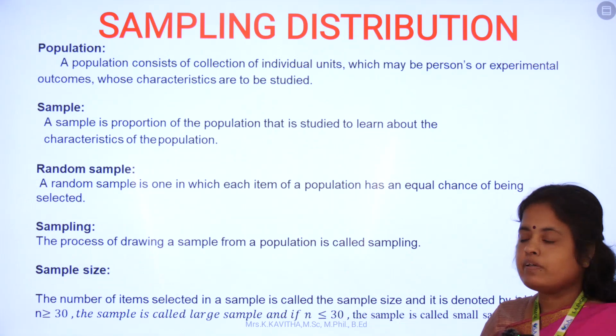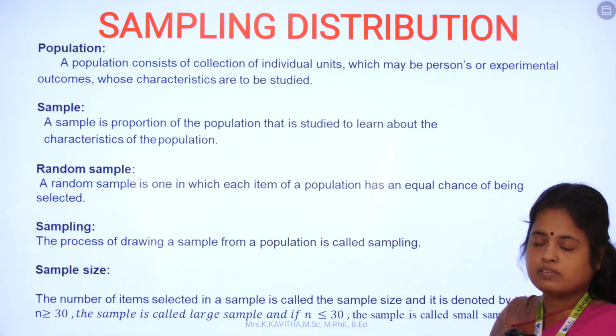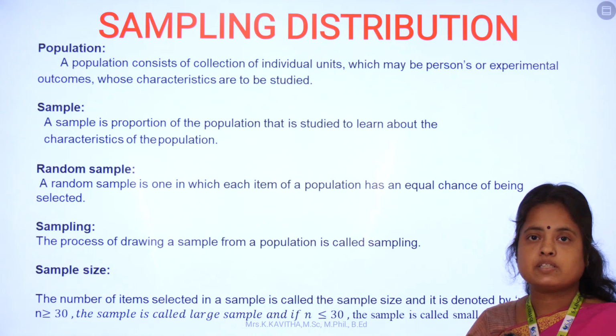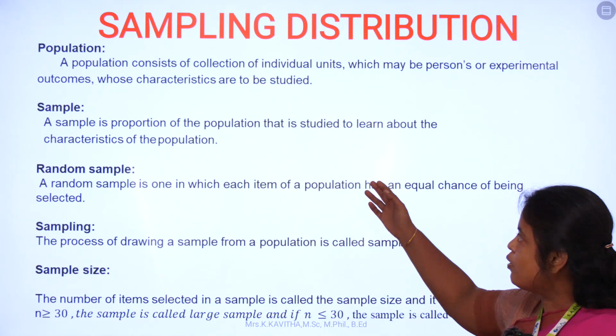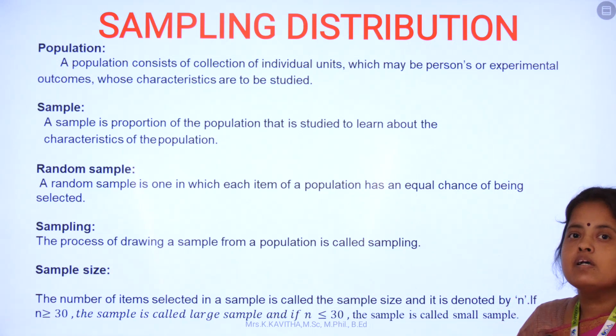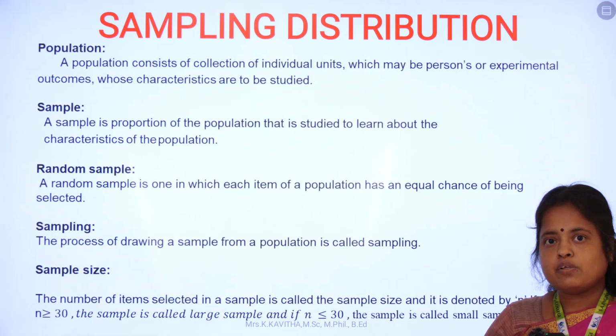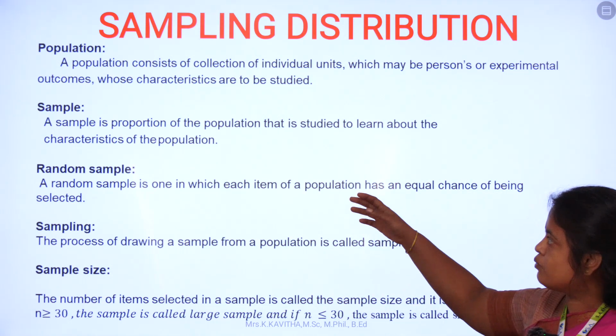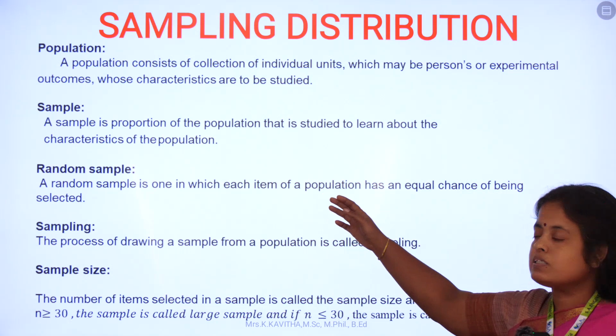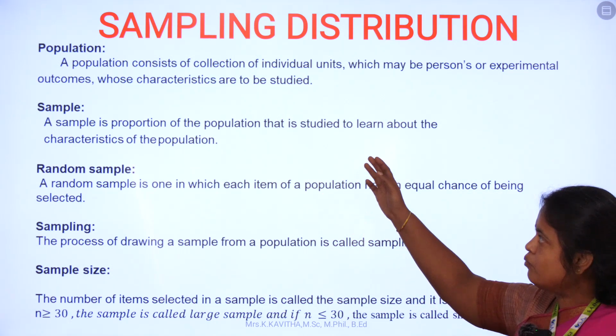Before going to the topic, we will see the basics of sampling distribution. What is a population and a sample? A population is a set of objects taken for measurement, and the sample is a part selected from the population.